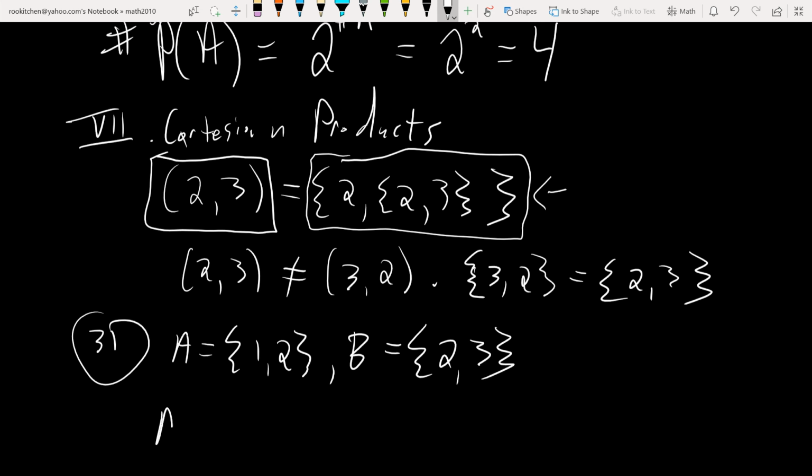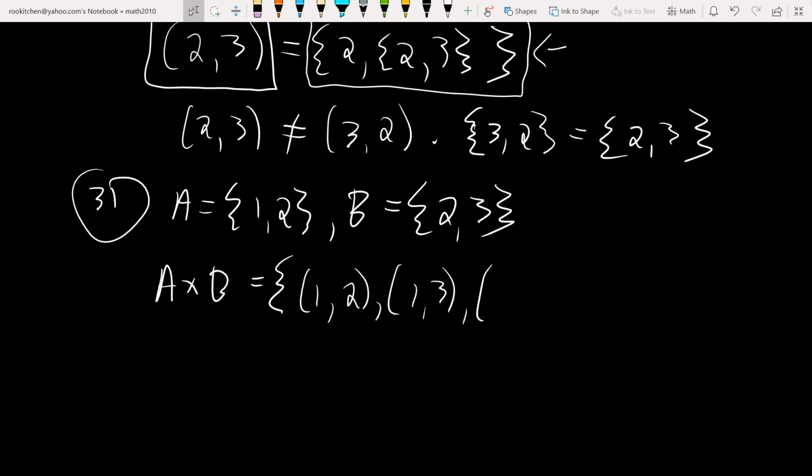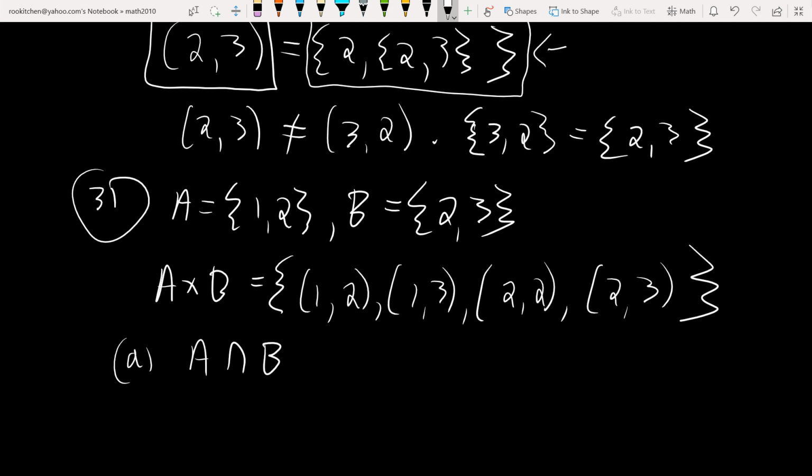Okay, so A cross B, which is a Cartesian product, is going to be the set of all ordered pairs where the first component is from A and the second component is from B. Okay, so (1, 3), and then we have (2, 2), and then we have (2, 3). Okay, so it's some other junk. Let's just take a look at this problem. Let's look at what the heck is A intersect B, right? I think that's just number 2.